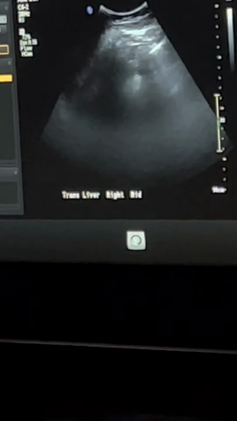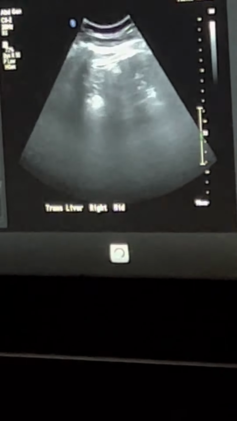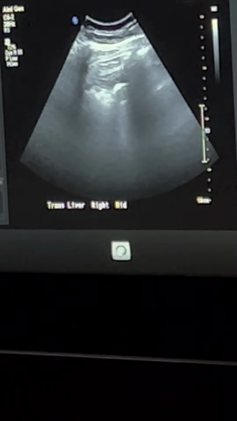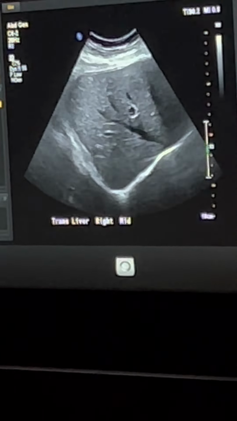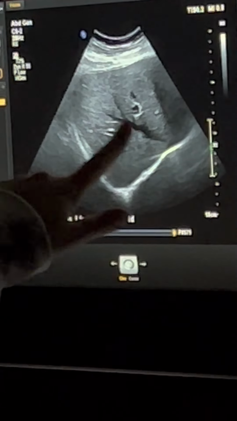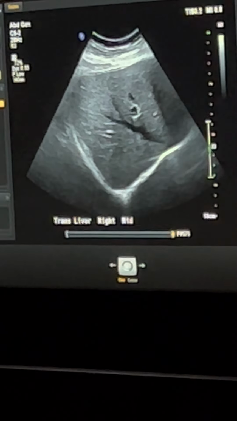Your mid picture was going to be that one with the main portal vein. Take a deep breath and hold it. But you also want to get the hepatics because they also represent the mid portion. Breathe. So these are her hepatics here, and they feed down into what?